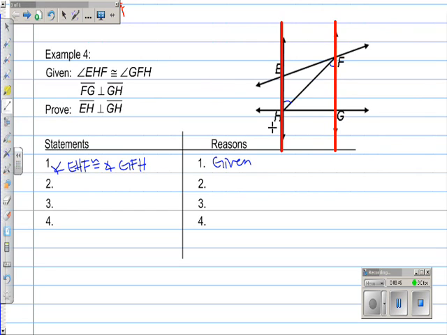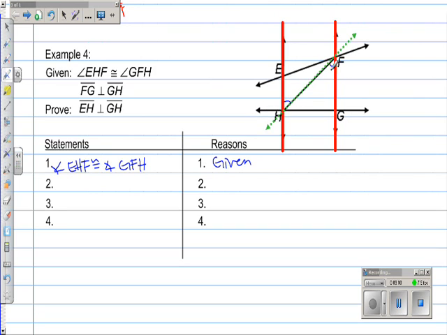Now your transversal is FH. If you extend the lines, it will give you a better idea of what you're looking at here. Now we can see that those two angles are alternate interior angles.